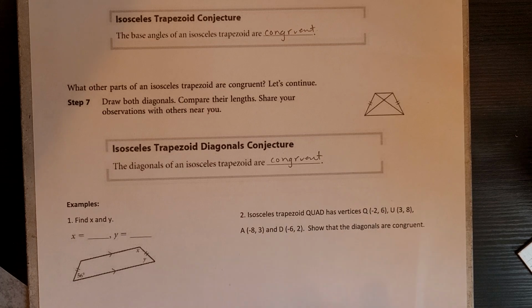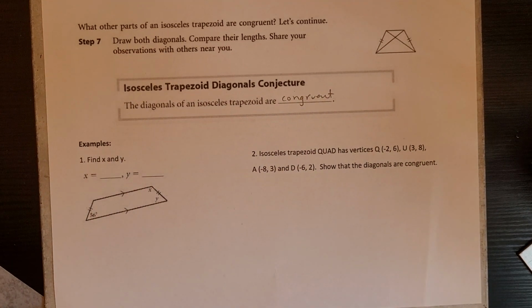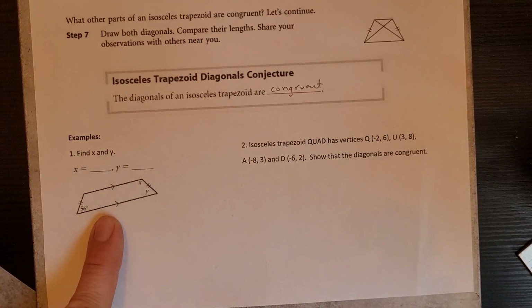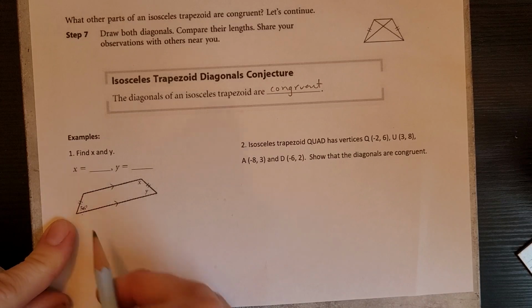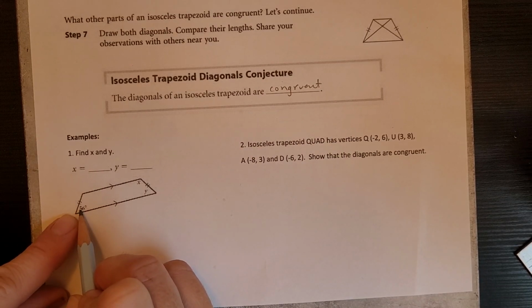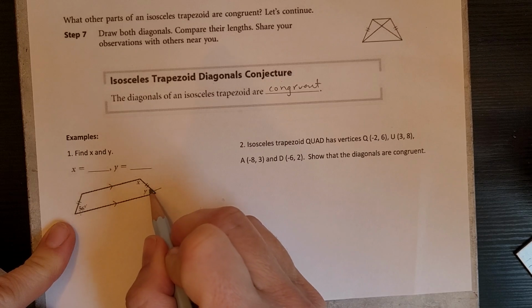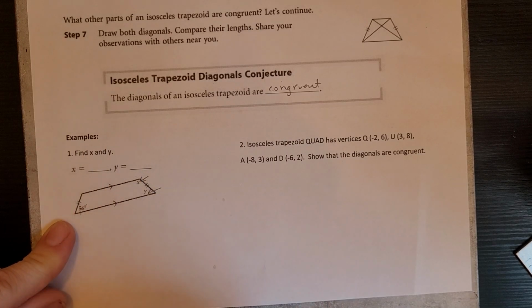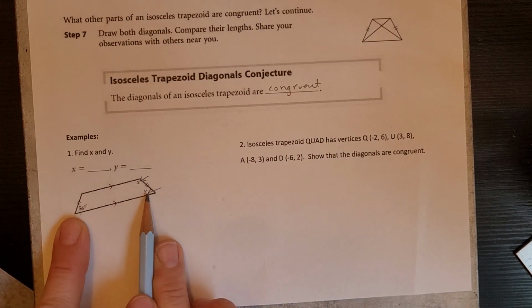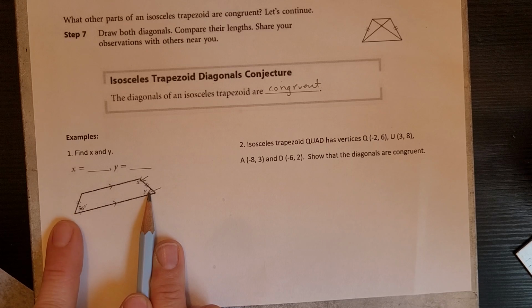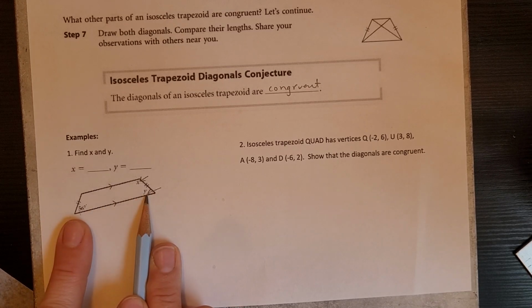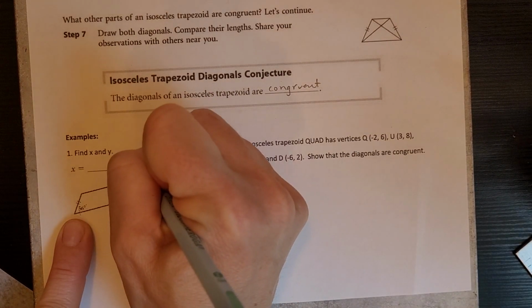Let's take a peek at some example problems. So for this first one, we have a figure where one of our base angles is 56 degrees and we have an isosceles trapezoid and we're asked to find y over here and x over here. So we know that the base angles in an isosceles trapezoid are congruent, so that if this is 56, then y must be 56.